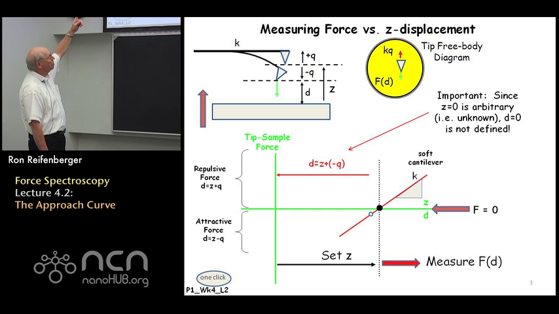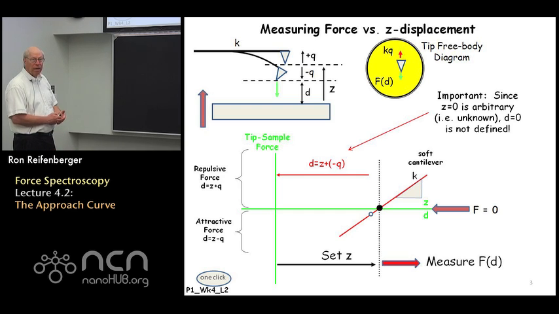If it bends towards the substrate from the equilibrium position of the cantilever, that's considered a negative value, so that's negative q. Therefore, in order to infer what the tip-sample separation is, you have to subtract q from z in order to get d. So this diagram is really important to understand. It basically sets the algebra for the entire discussion that we're going to conduct here.